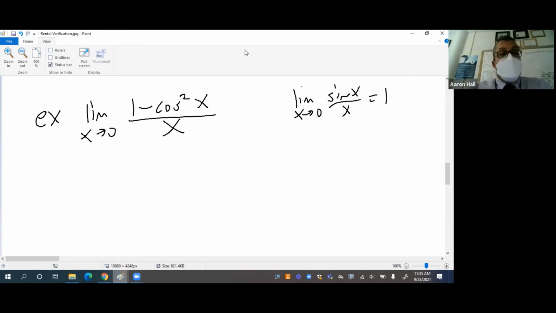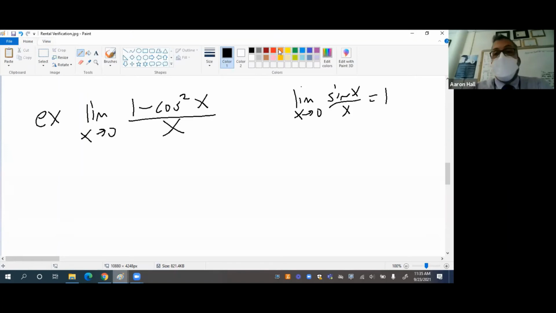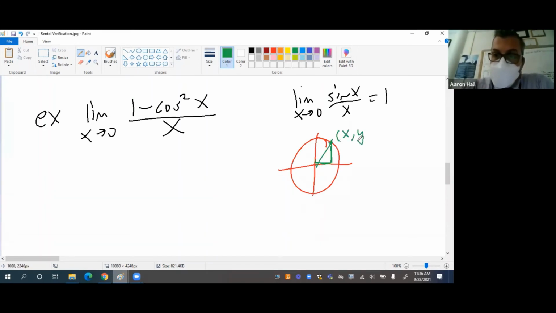Tate, isn't the top one like a trigonometric identity? It is an identity. What identity is this? It's the Pythagorean identity. Yeah. So what is the Pythagorean identity? Let's do our unit circle. We have our unit circle, and some point here of our x and y values.